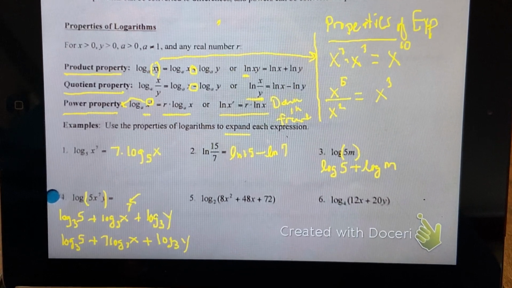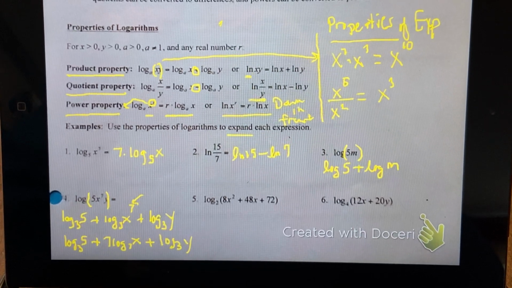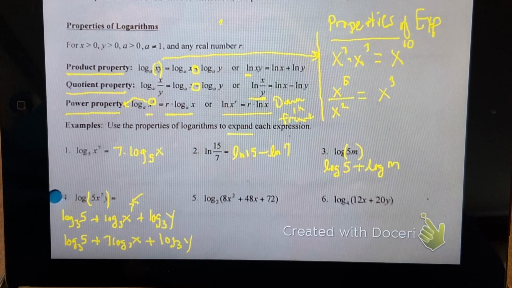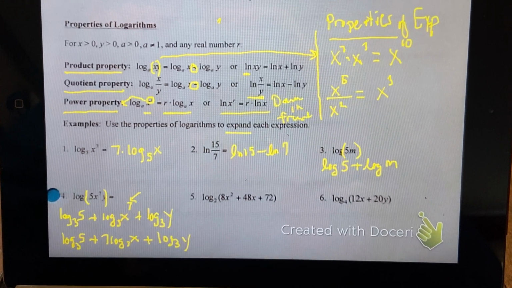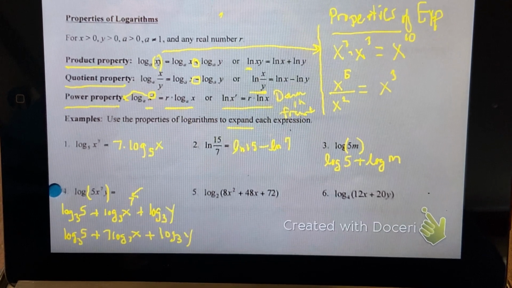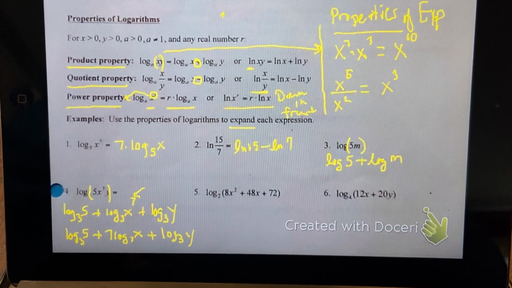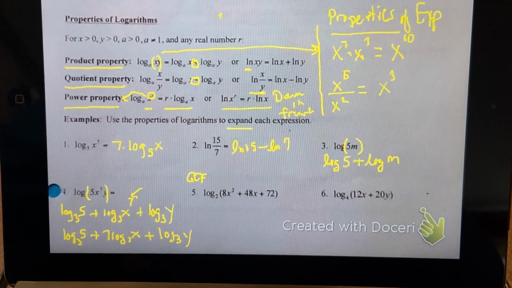When I look at number 5, a little unnerving, but wait a minute, I have a trinomial. And so when I see 8x squared plus 48x plus 72, I'm going to expand it. But first thing, I need to factor out what's called a GCF. That's the strategy.